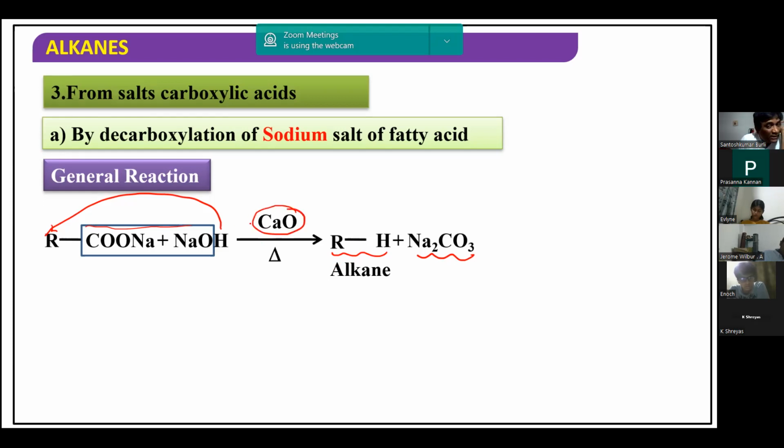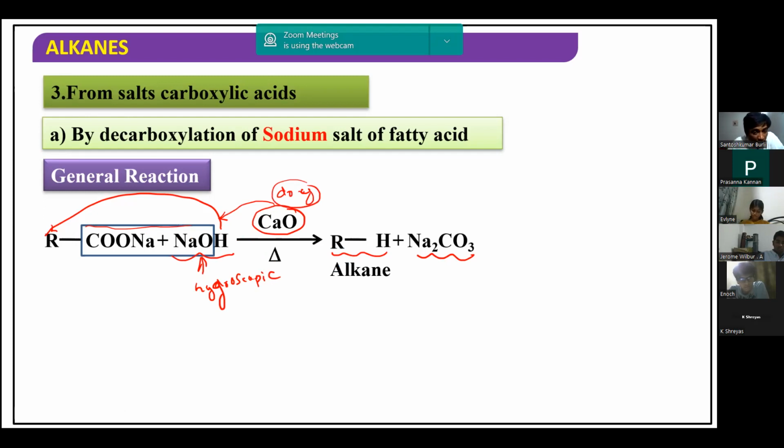What is the role of CaO? CaO has an important role to play here. NaOH is hygroscopic, it has very much affinity for water. CaO's role is to keep the NaOH dry throughout the reaction.